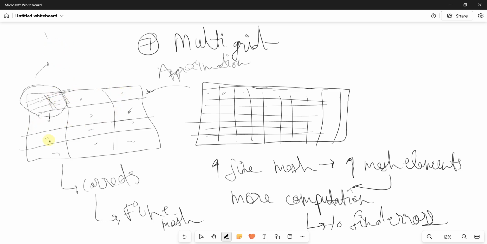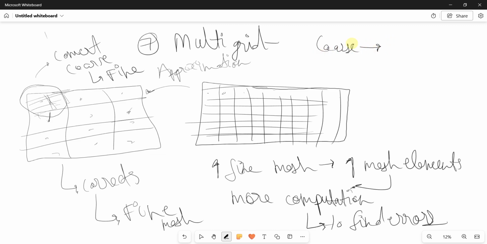Since you have calculated all the errors, now you can correct them and then convert the coarse mesh back to fine mesh, right? So if that makes sense, what you have done is you had a fine mesh. It's tougher to find errors in this because you have to do tons of calculation for each of them, because you are enforcing all these equations in each control volume.